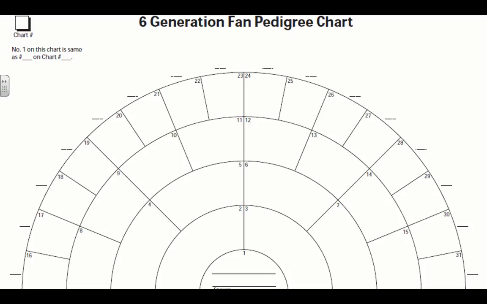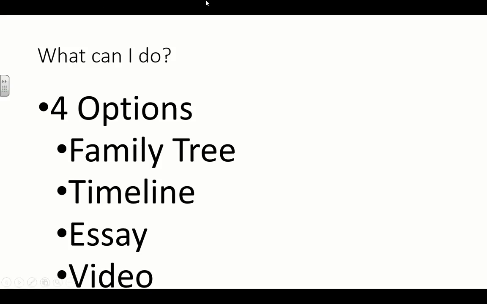So that is option number 1. This is the most popular option. Now again, not everybody will be able to know those 31 people. So if you have no resources to find those people, please don't choose that option.